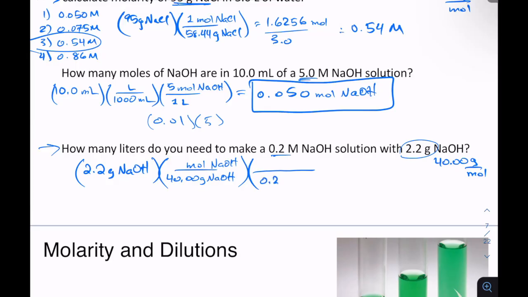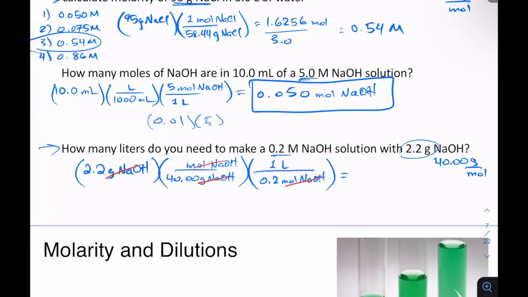We want to have the volume that gives us this concentration. We want 0.2 moles of NaOH per 1 liter of solution. That will give us the liters of solution that we need. And let's just make sure. We always start with what's given, and that cancels out with this conversion factor in the denominator. We convert that to moles of NaOH.